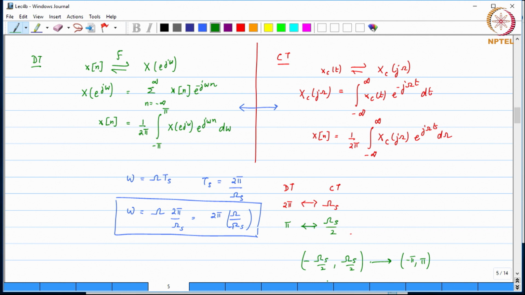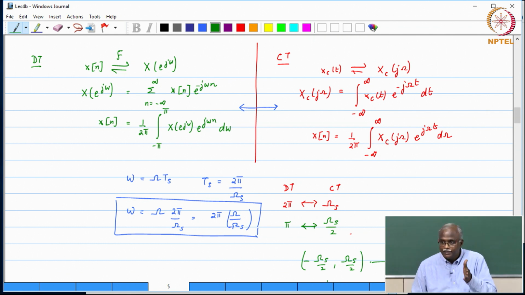Okay, basically looking at one period of the discrete time Fourier transform, the spectral properties. Okay. Another related observation: now when I go from 0 to 2 pi, where does my highest frequency occur in the discrete time representation? It occurs at pi.